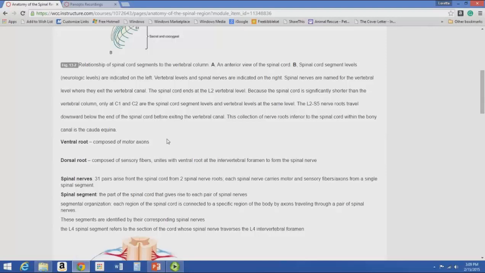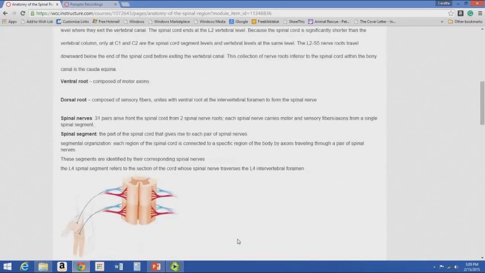So each region of the spinal cord is connected to a specific region of the body through axons traveling through that pair of spinal nerves. And the segments are identified by their corresponding spinal nerves. So like the L4 segment refers to the section of the cord whose spinal nerve traverses the L4 intervertebral foramen, goes underneath L4.